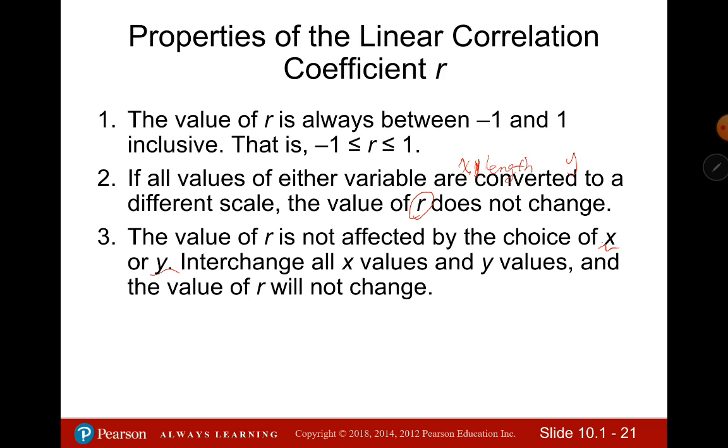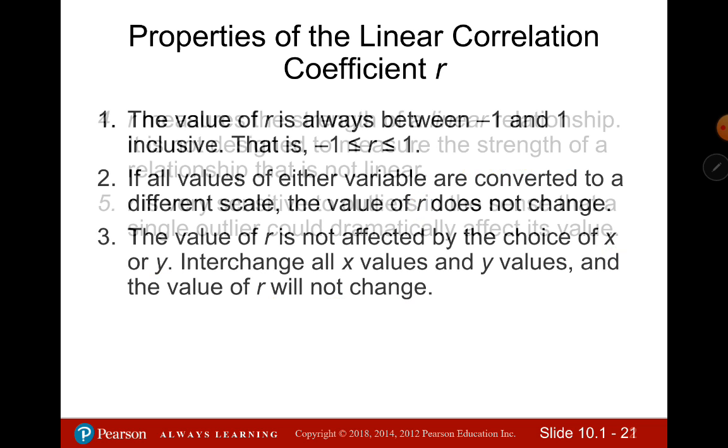You can treat the x to be y, and you can treat the y to be x in your formula. Then the value will not change. Which means their linear correlation will not change even if you change the order of x and y. If it's still about these two variables, then their linear correlation is always the same.